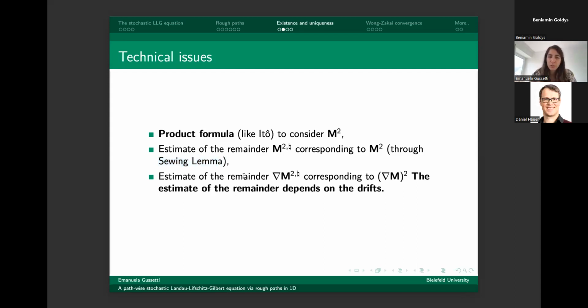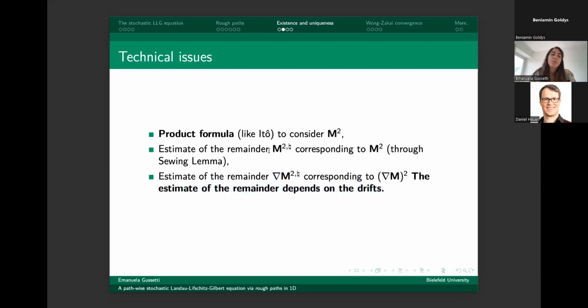Another technical issue that we find in the proof is that we are considering an initial condition in H1. So we don't look only at the energy at the L2 level, but we have to take the derivative of the solution and look at the energy there. So there we have to test by a squared equation and use the product formula. And we have the corresponding remainder that has more terms. In particular, here the remainder depends on the drift.